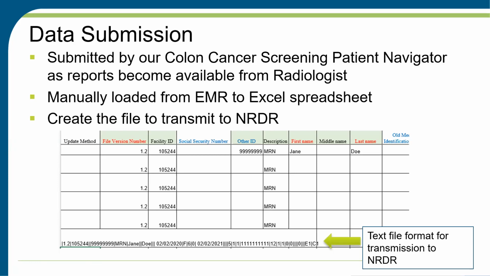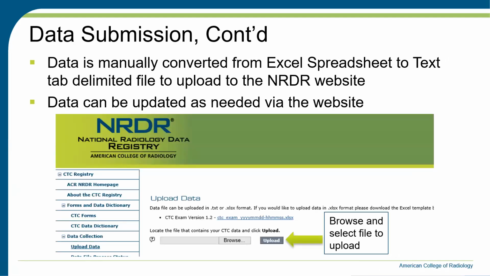And then once I put that data into the spreadsheet, I create a file that I'm going to transmit to the NRDR website, and you can see an example of it at the bottom of that screen. It's a text file format. It's called a text tab delimited file, and we upload that directly into the NRDR website.